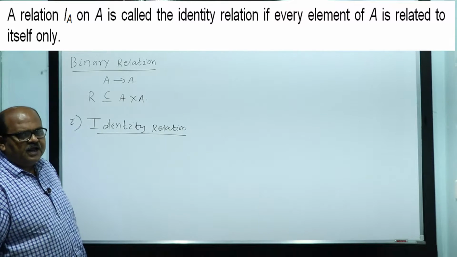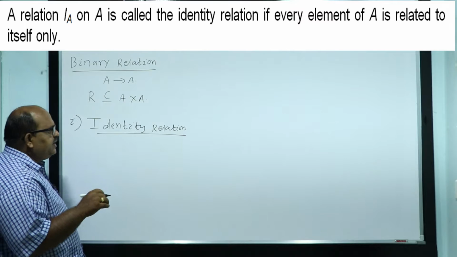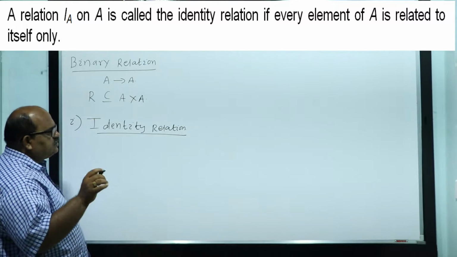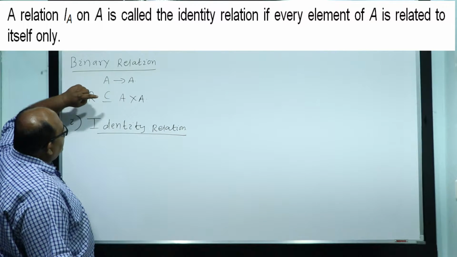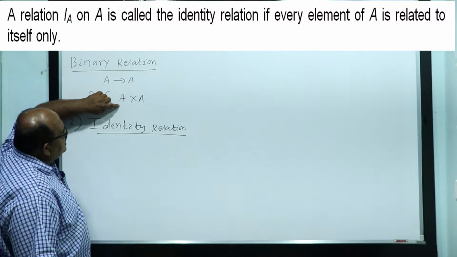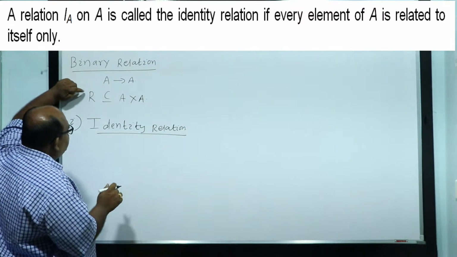Listen students, every element of set A is related to itself only. This word 'only' is very important. So, what is it telling? Every element of set A is related to itself only. This clause is very important.